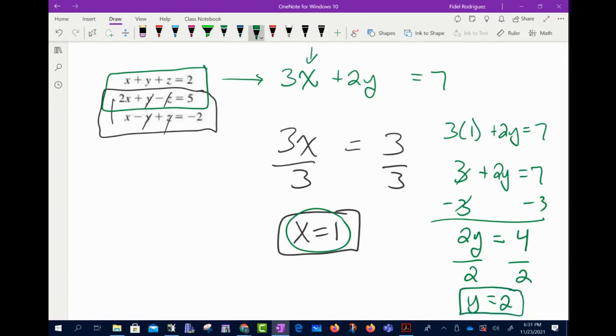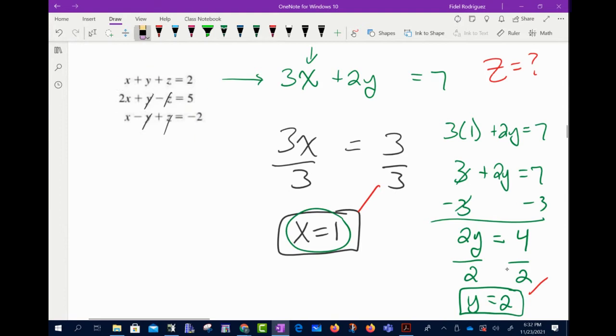Okay. So we know x, we know y, we still don't know z. So now we have some options. We can come back to our original system here, right? Come back to these equations, and everywhere we have an x, we can put a 1. Everywhere we have a y, we can put a 2, and we can find z.